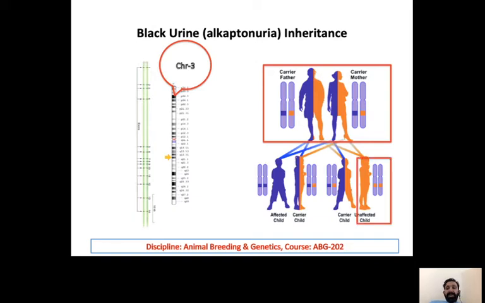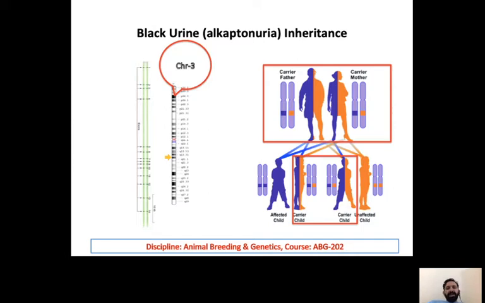Similarly, one fourth, or every fourth child, is expected to be unaffected or a normal child, because that child is getting the correct copy from both of the parents. And half of the offspring would be carriers of the disease just like the parents, because they would be heterozygous for the gene. So this is basically an autosomal disease, so there would be no effect of the sex.